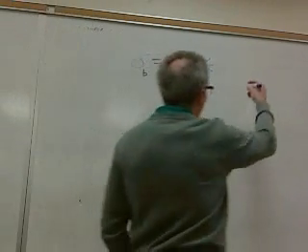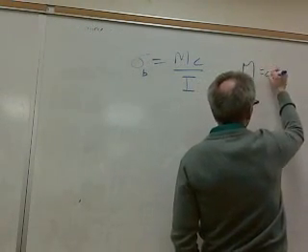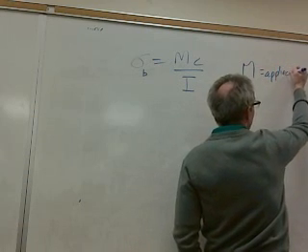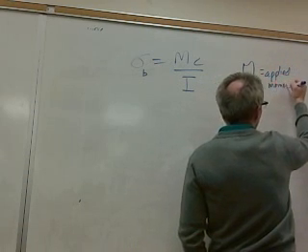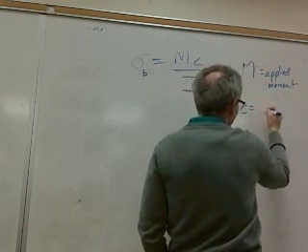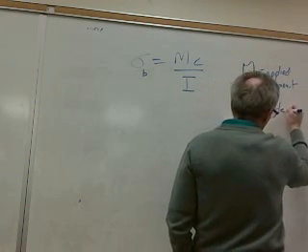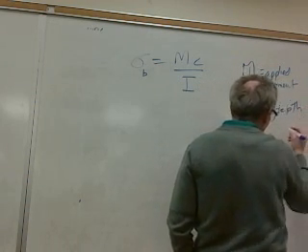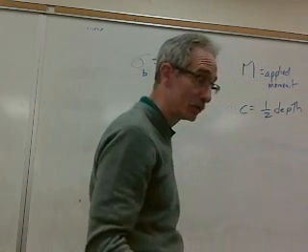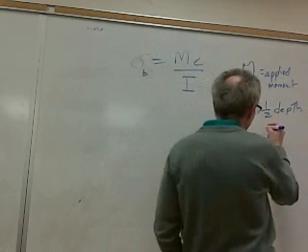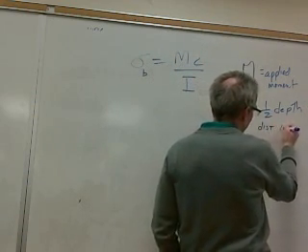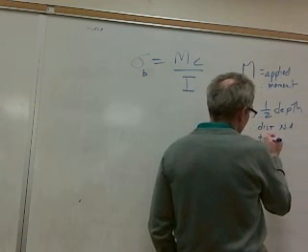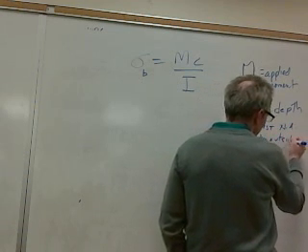So, M is simply the applied bending moment. Okay? C is, again, usually we'll take it as half the depth on a symmetrical section, or at least the distance from the neutral axis to the outside edge.